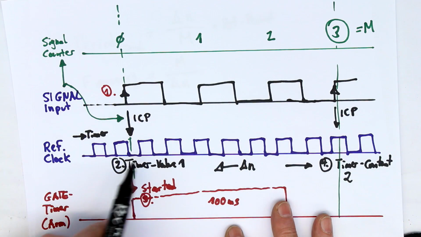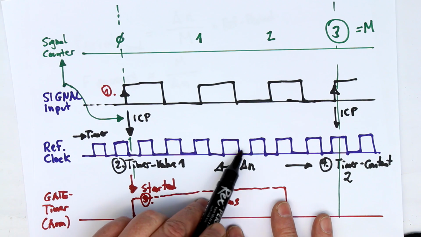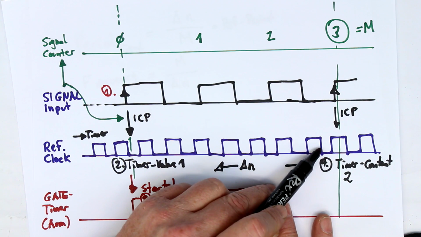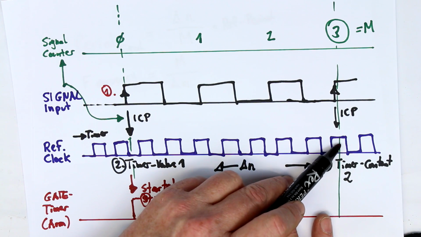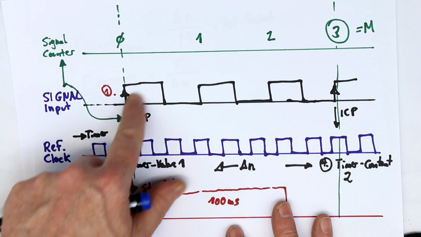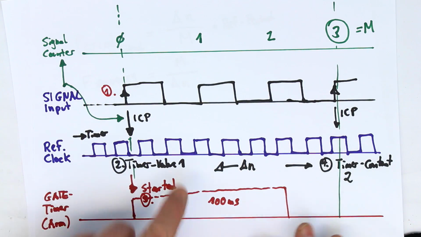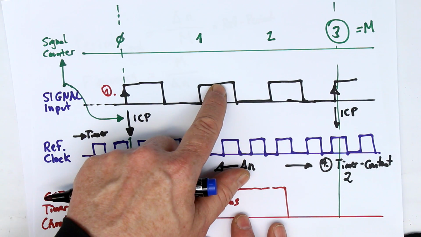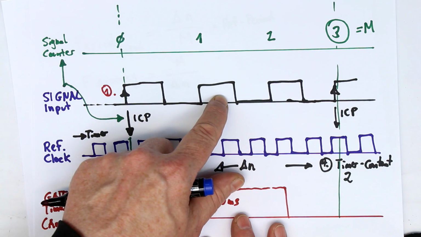Well, let's take this example. We count 1, 2, 3, 4, 5, 6, 7, plus minus 1, 7 or 8 reference clock pulses and 3 clock pulses of our signal. So we would have 7 divided by 3, which gives, of course, an uneven number.